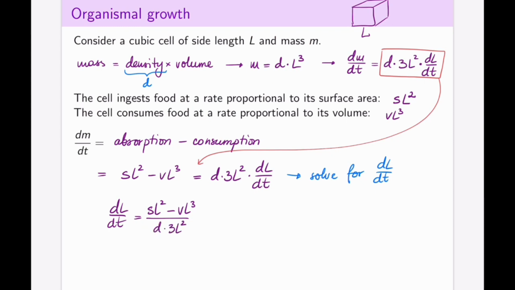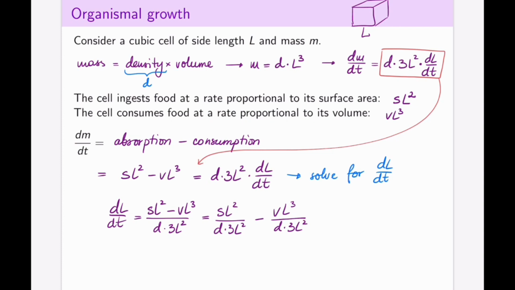What I'm going to do next is actually simplify this expression a little bit. I know that this is a lot of constants and sometimes can be kind of difficult to stare at, but bear with me here, we're almost there. So what I'm going to do is basically undo the common denominators with this minus. I have this fraction here minus this other fraction here. So let's take it a little bit slowly. I have SL squared over D times 3L squared, minus VL cubed divided by D times 3L squared.